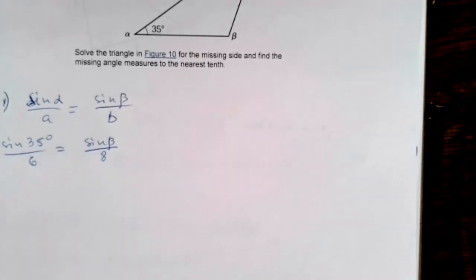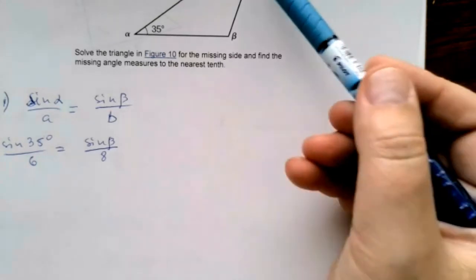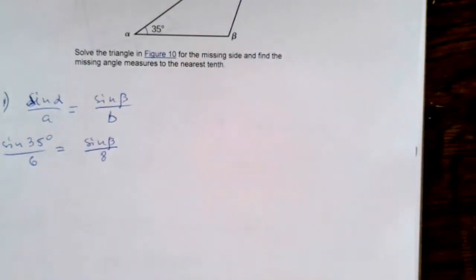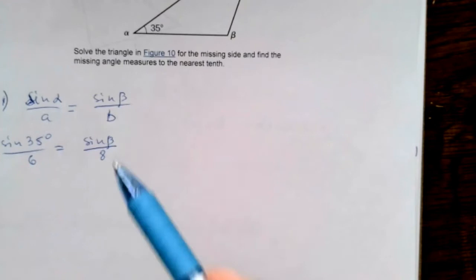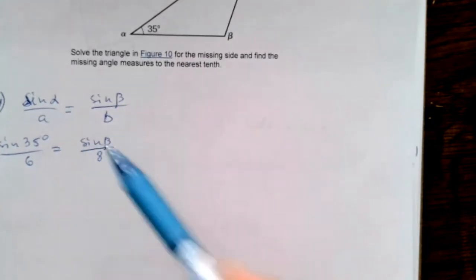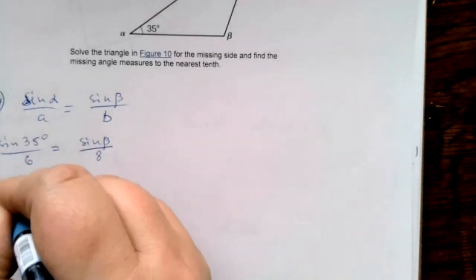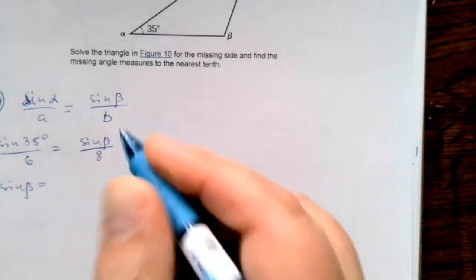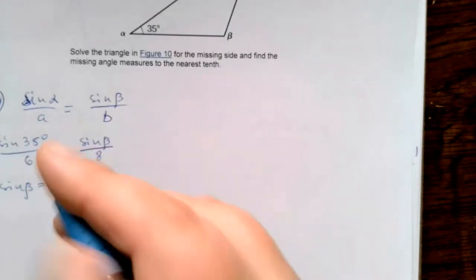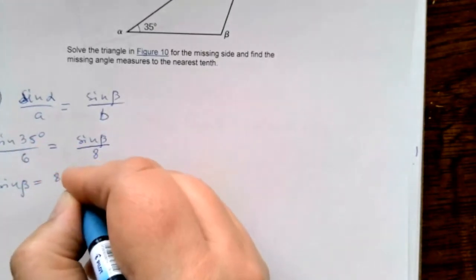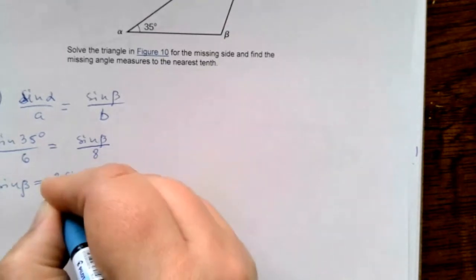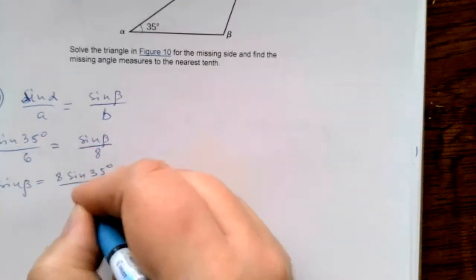That's why I chose this one as opposed to sine gamma over C, because I don't know either one of those values. So let's solve for sine beta. That's going to be 8 times sine 35 degrees divided by 6.